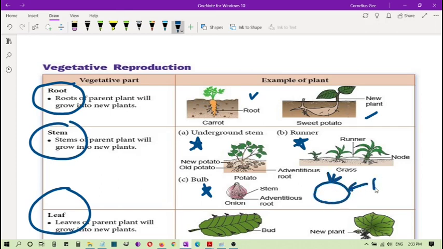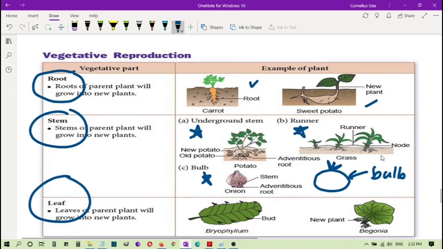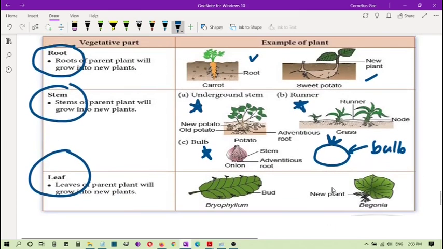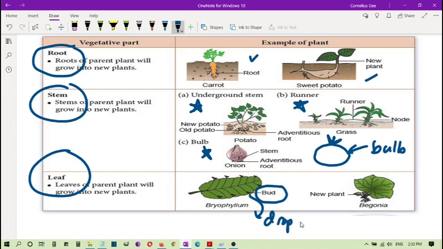So this is called a bulb. Leaf, you have seen this on your own. Probably you take a leaf as a bookmark, and those leaves can reproduce asexually by forming new plants. After that, the new plant will drop away and form a new individual.